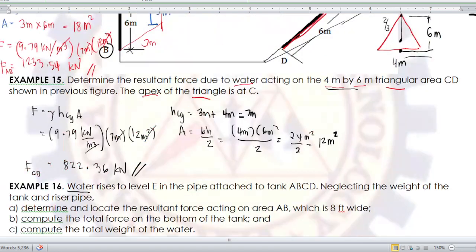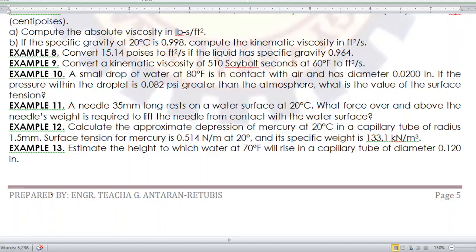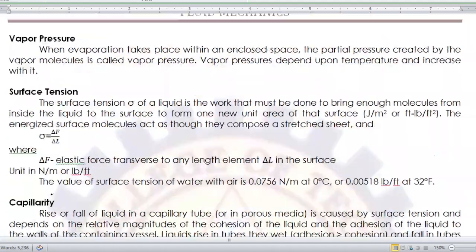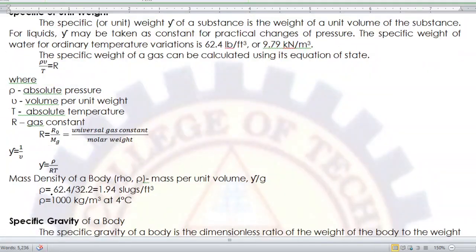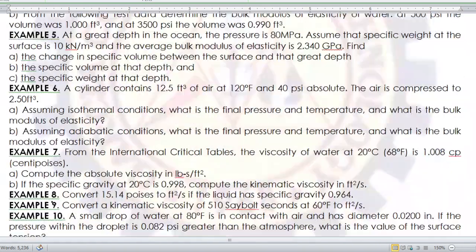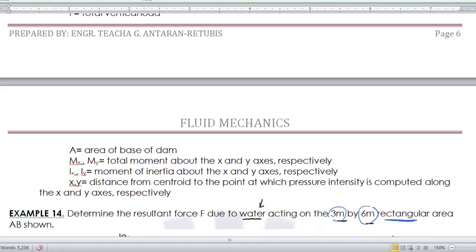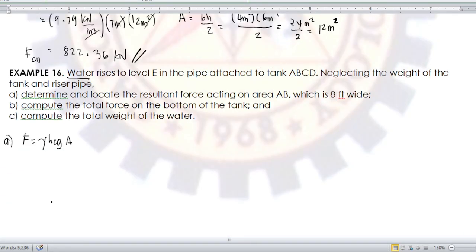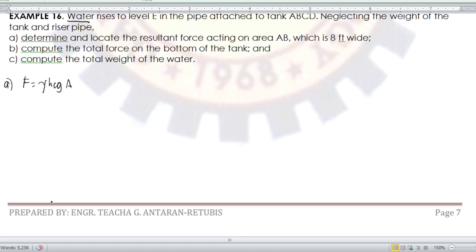Kindly check. Was it 62.4? Let us check first. The value of specific weight for water is 62.4 pound per cubic foot. Okay. So we have here 62.4 pound per cubic foot.